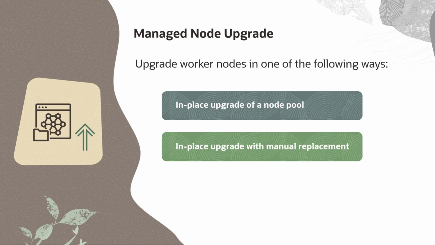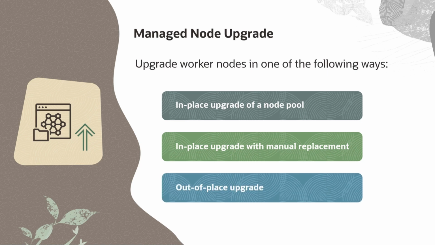Alternatively, opt for an in-place upgrade with manual replacement, allowing more control by replacing each existing worker node with a new one configured for the updated Kubernetes version. Another option is an out-of-place upgrade, where you replace the original node pool with a new one specified for a more recent Kubernetes version.